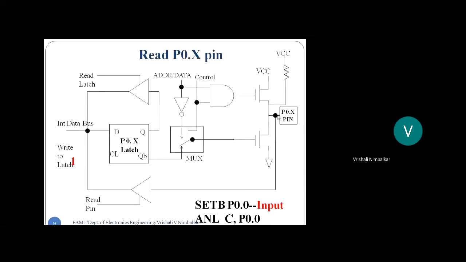Okay, so what should we do? As the pin data should be taken, both MOSFETs should be kept off. Now see, the upper MOSFET is already kept off by this control circuit. The lower MOSFET depends on what instruction the microcontroller executes. So what should we do to keep the lower MOSFET off?